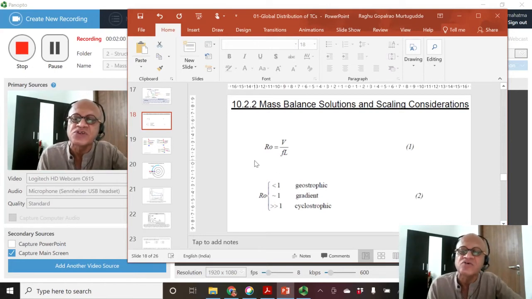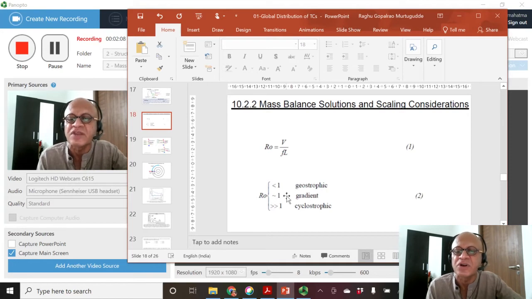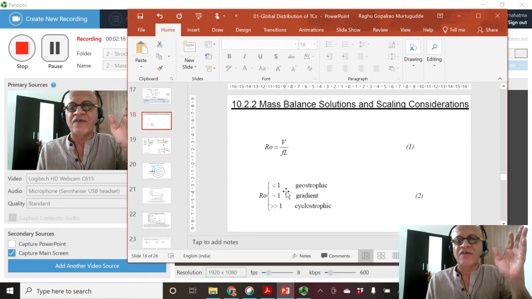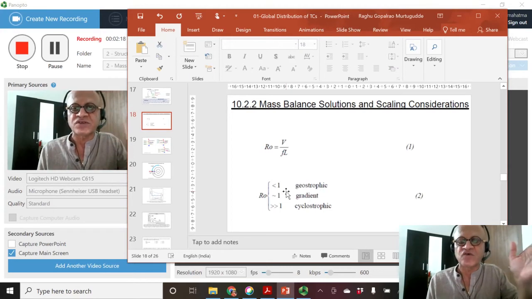So long story short, the Rossby number, V over FL, is what is used here for balance. So if the Rossby number R0 is less than 1, then the system is in geostrophic balance. So in the absence of friction, we have the pressure gradient force balancing the Coriolis.